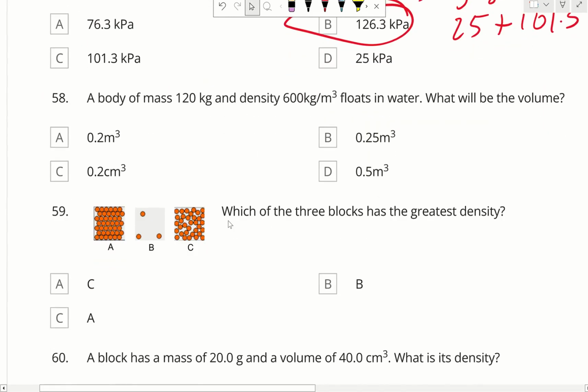A body of mass is 120 kilograms, so M, and the density is 600 kilograms per cubic meter. It floats in water. What will be the volume?